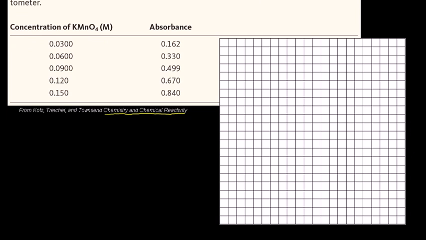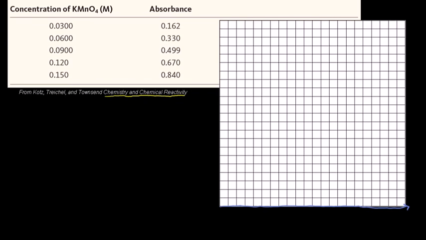The horizontal axis will be our concentration axis. I'll draw the axis in blue right there. This is concentration in molarity, and it goes from 0.03 all the way to 0.15.